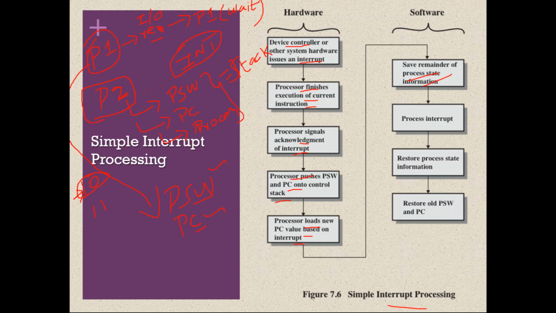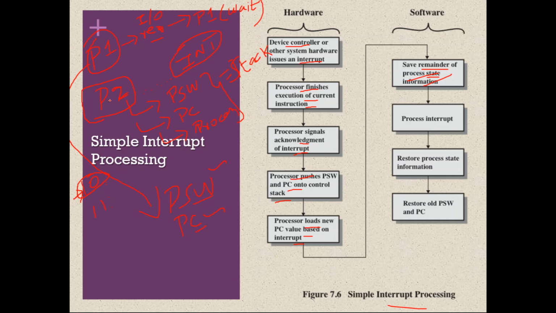Whenever there is an interrupt, the respective interrupt service routine should be executed. So the processor will load the address of that interrupt service routine into the PC and it will execute the interrupt. After that, the processor will also push the remainder of the process state information.